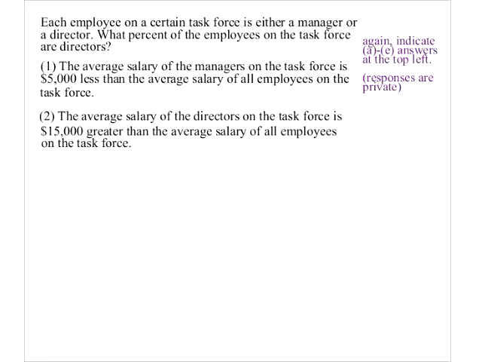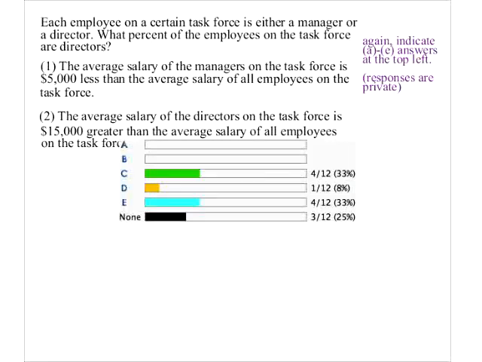So if Runal, if you're there, and Sandy, if you're there, go ahead and pick something from A through E, please. Okay, apparently those 2 people are not responding. So let's show the answers. It looks like we're deadlocked between E and C here.